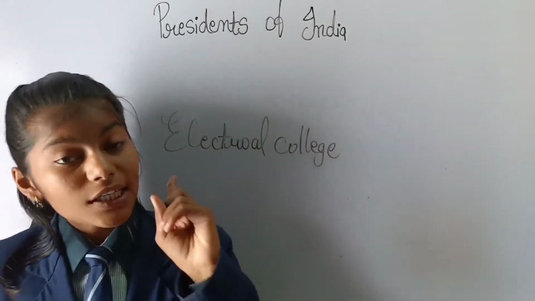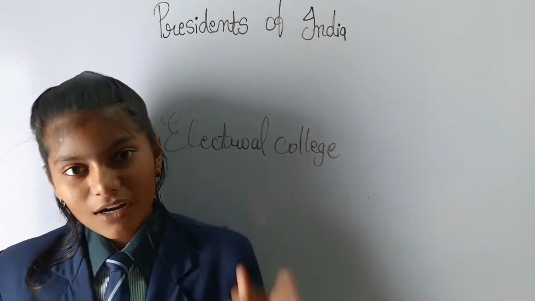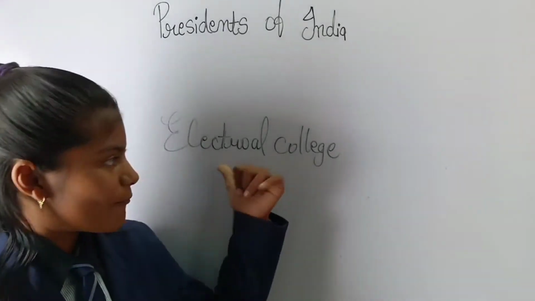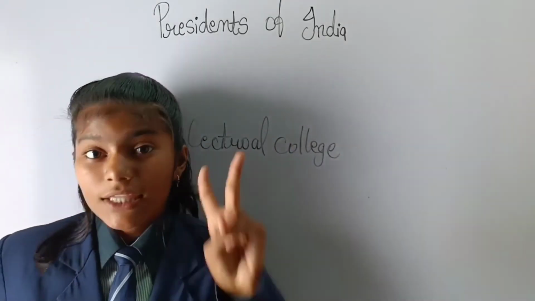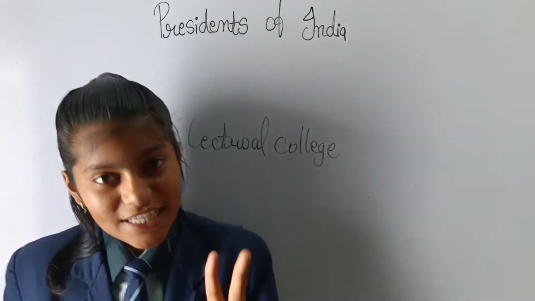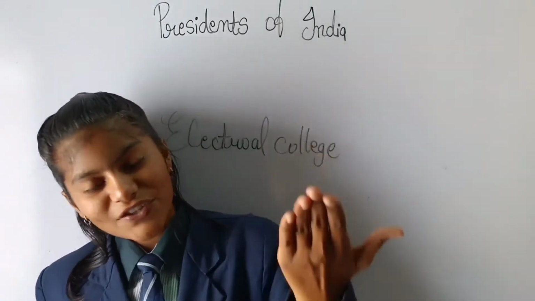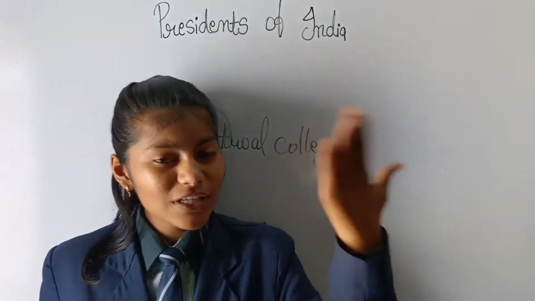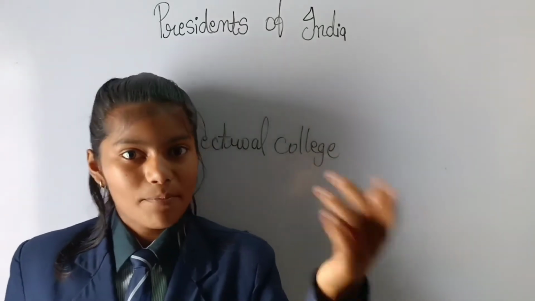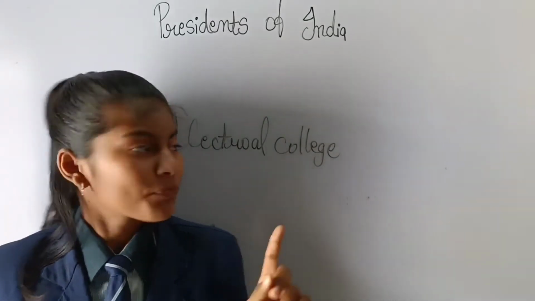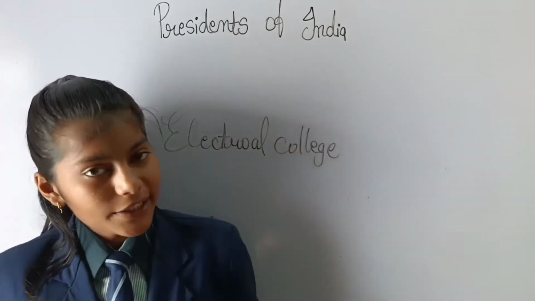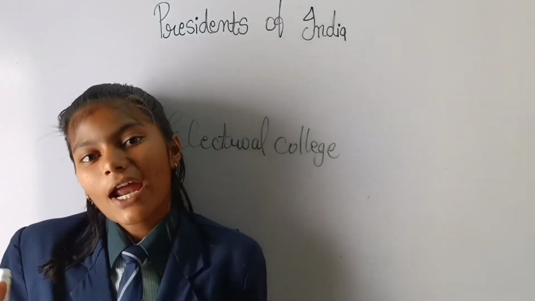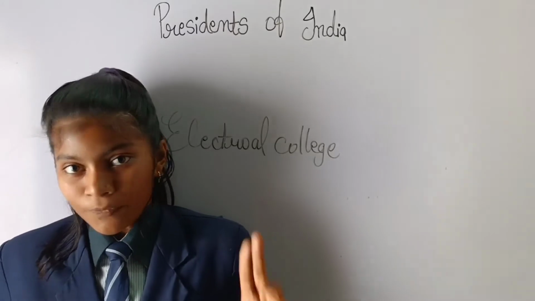First are the elected members of parliament. Second, the elected members of legislative assemblies of states, right? As we know, MLA and MP. Third, the elected members of legislative assemblies of Delhi and Puducherry. Okay, so 3 members.